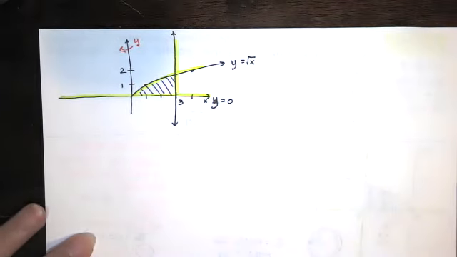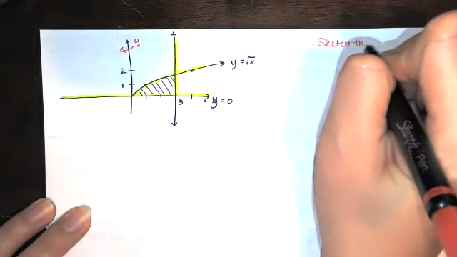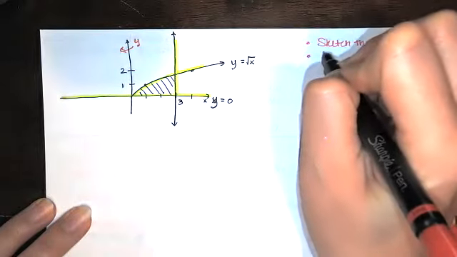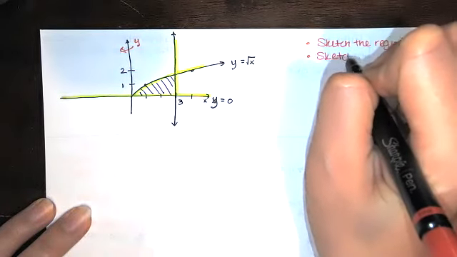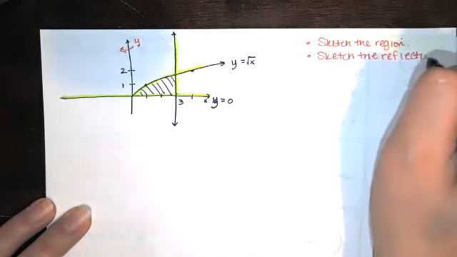Now we're going to revolve it around the y-axis. So we're going to sketch the reflection of our region about the y-axis.